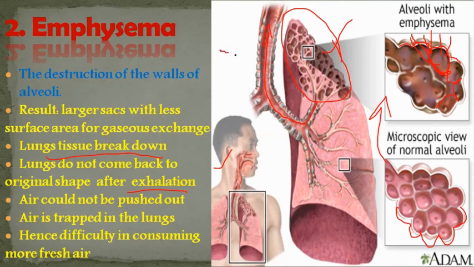So when we inhale, there will be difficulty in inhaling because the gas is already present in the lungs. Due to that, the person feels less fresh air in their lungs, and there is breathing difficulty for that patient.